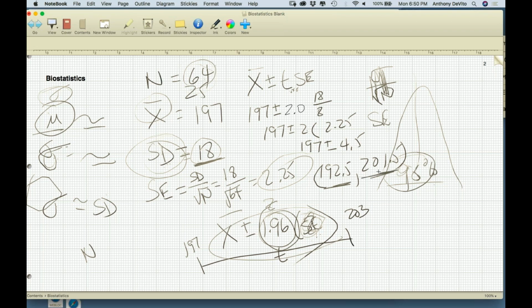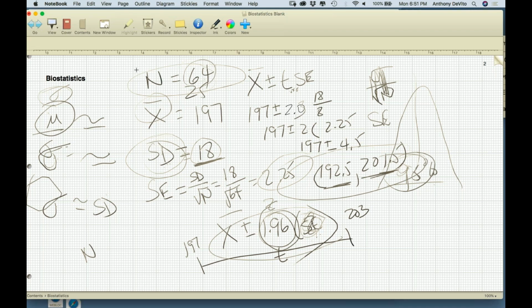Would it be wider or narrower? Wider. Why is it going to be wider? Because instead of using 2.0, you might be using, I'm going to guess, 2.3. So the margin of error is going to be bigger. And by doing that, you make up for the uncertainty that you introduce by using a smaller sample as your estimate of the population standard deviation.